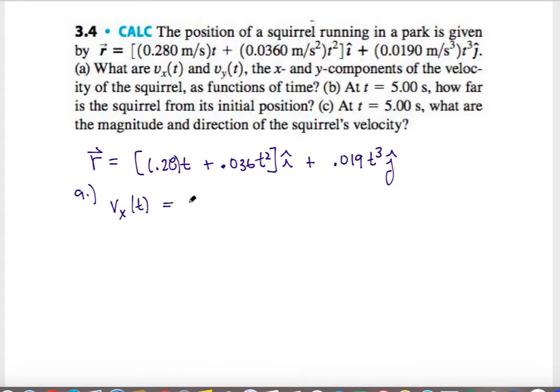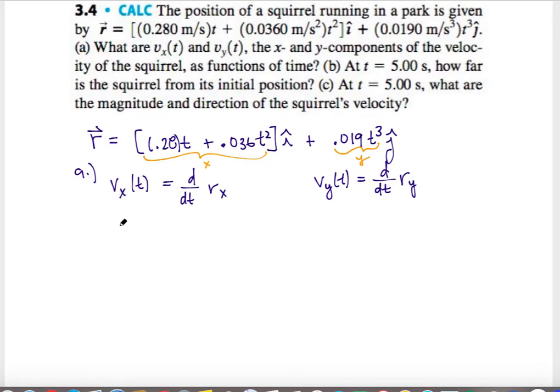So really I'm just looking for d/dt of r with respect to x, my x position. I can do the same thing for my y off to the side, right? I'm just taking the derivative with respect to time for each component of this. And it's really convenient if I know how vectors work, because this left-hand side is my x direction, and this expression right here is my y.